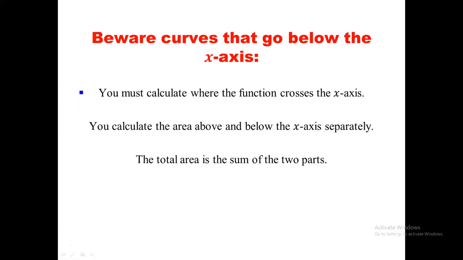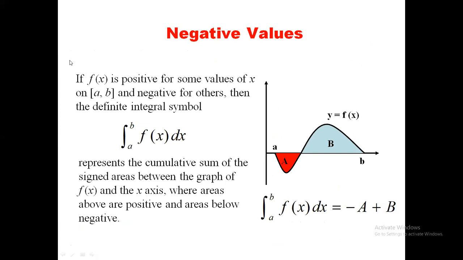Now, if f of x is positive for some values of x on A to B and negative for others, then the definite integral of the function from A to B represents the cumulative sum of the signed areas between the graph of f of x and the x-axis, where areas above are positive and areas below are negative.